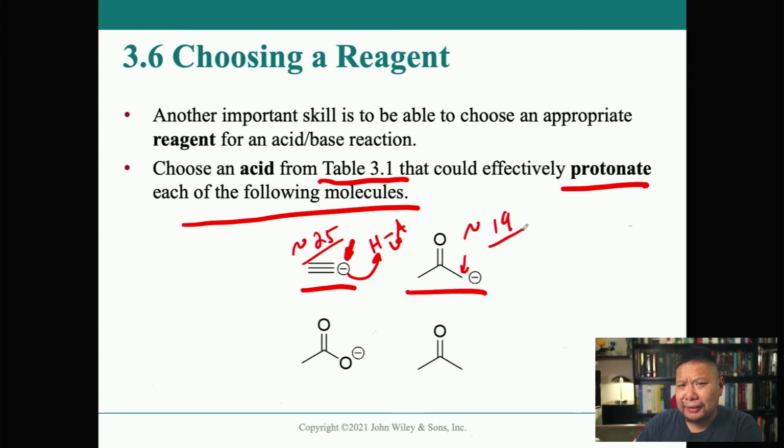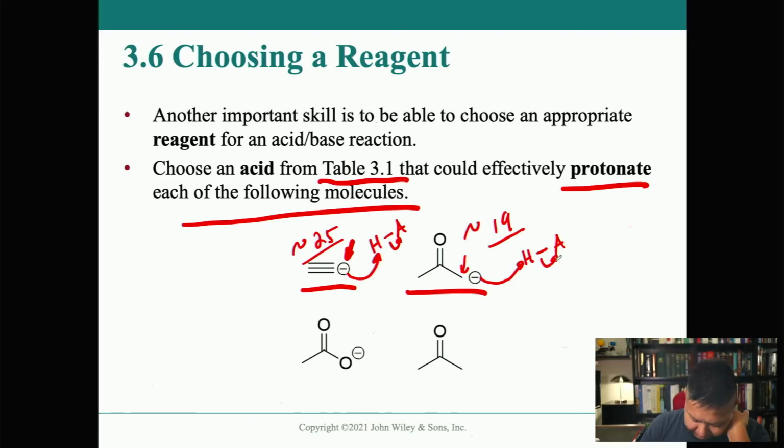So again, it would much rather have a proton than not. So any old acid that has a lower pKa than 19, you can just go and rip that proton right off of there, making you some acetone so you can remove your nail polish.